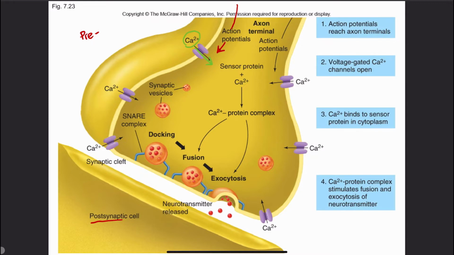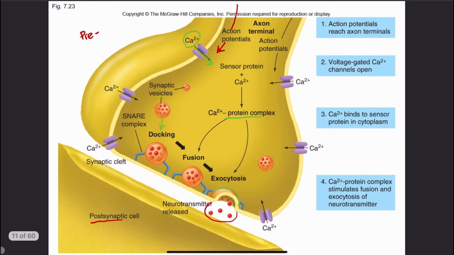This calcium is going to bind to a sensor protein and make a protein complex, which is going to cause fusion of the synaptic vesicles that are carrying neurotransmitter. They're going to fuse to the synaptic bulb and exocytose their neurotransmitters. And so we have neurotransmitter release in the synaptic cleft.